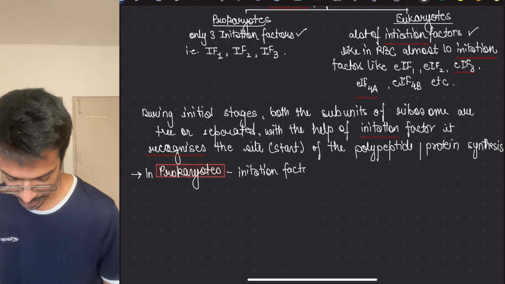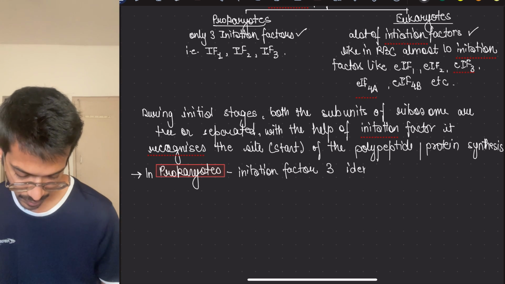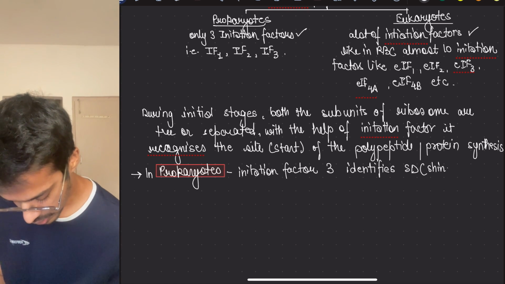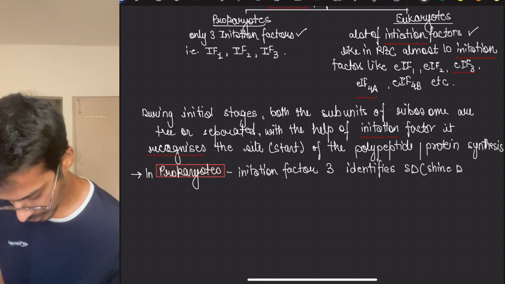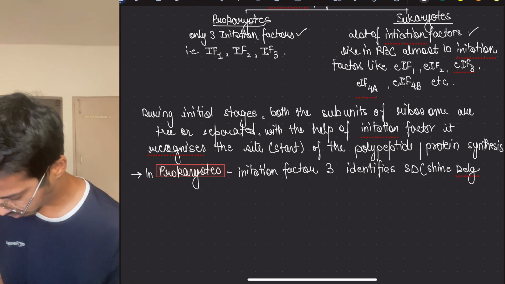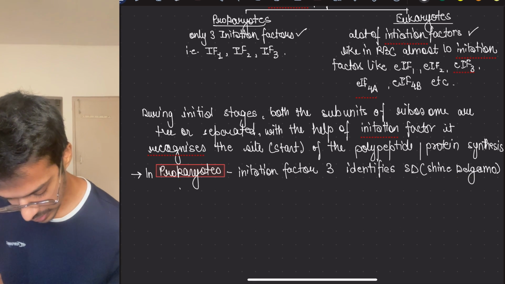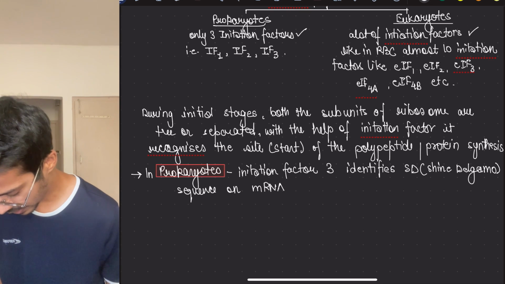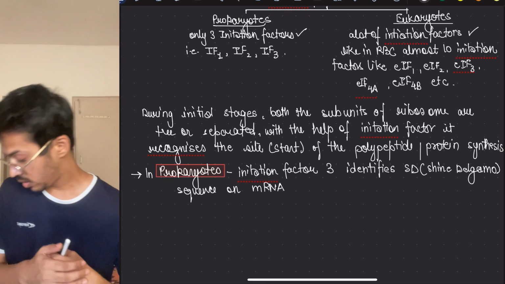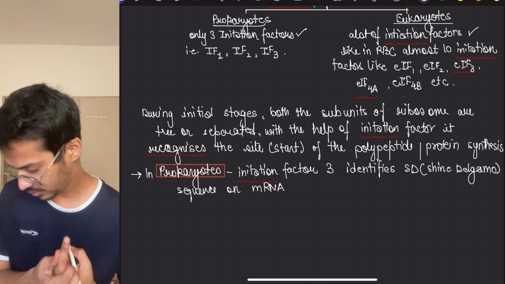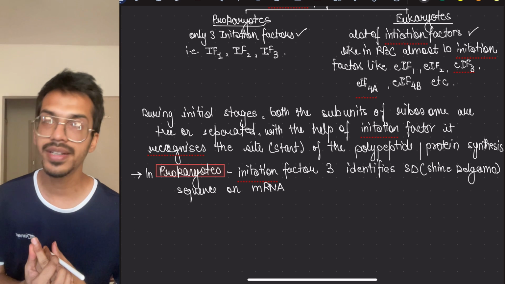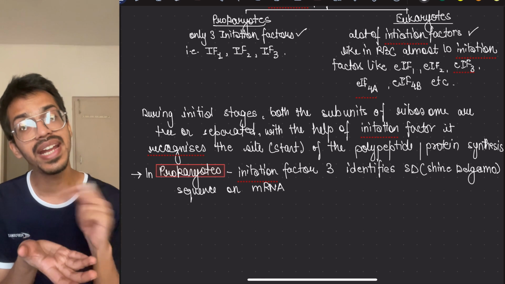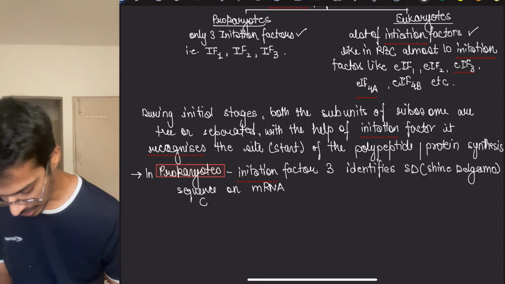Initiation factor 3 identifies the Shine-Dalgarno sequence on mRNA. How will it find it? It will find it with the help of the smaller subunit of ribosomes, which has the anti-codon present with respect to it.